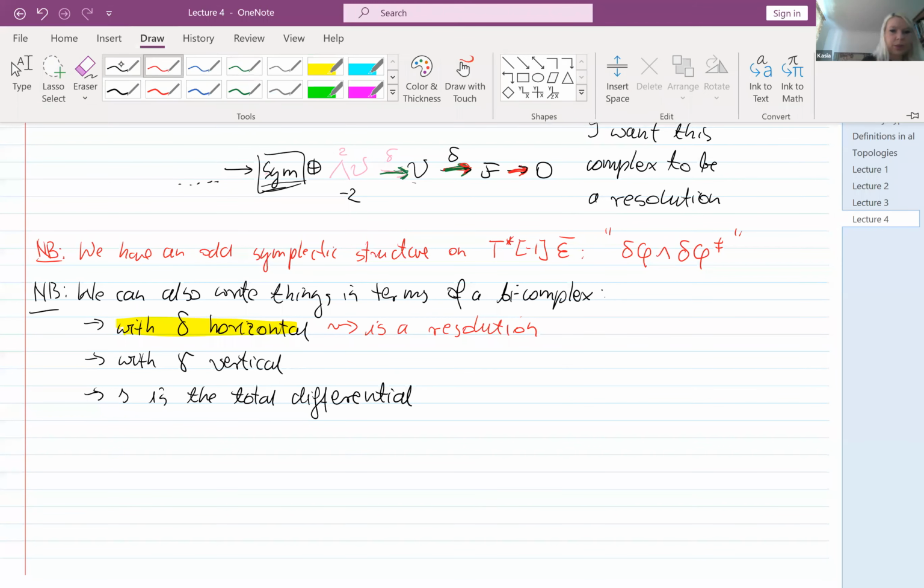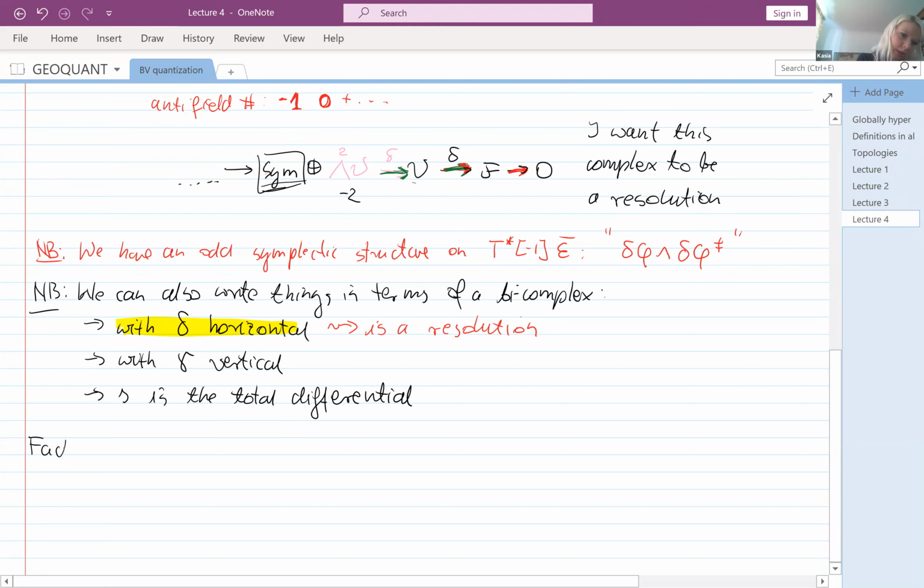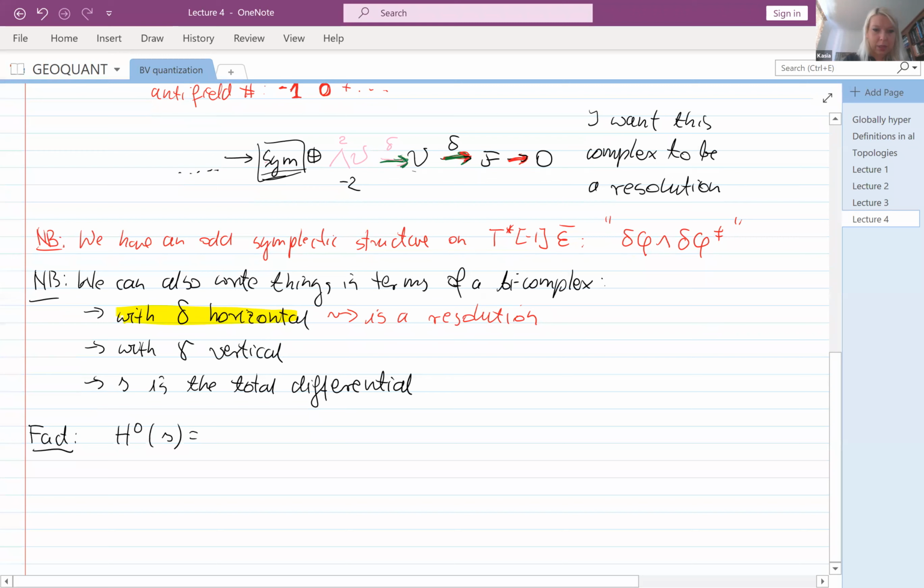So an important fact is that if I want to compute H0 of S, this turns out to be, well, on this space, BV, H0 of, so first I take the cohomology of delta.